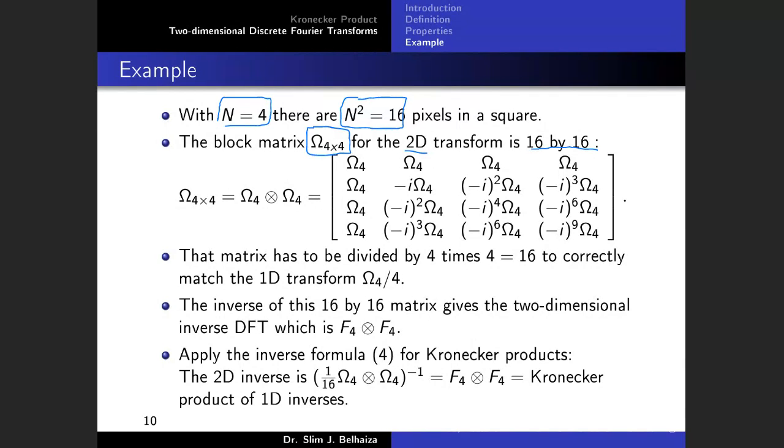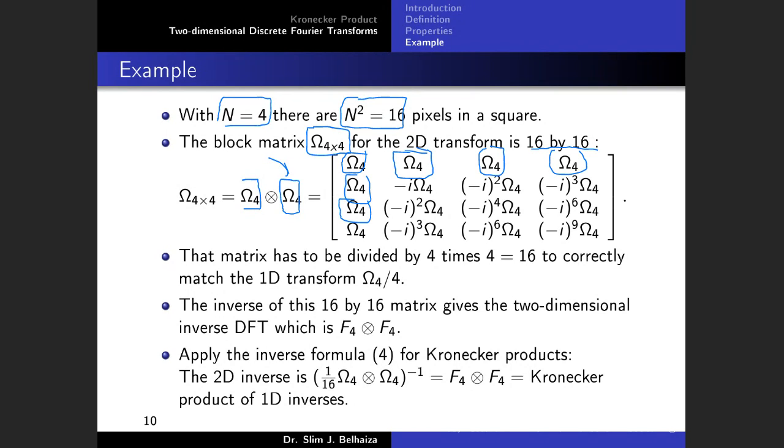So omega 4 by 4 is omega 4 multiplied by the Kronecker product by omega 4. If you apply just the basic rule of the Kronecker product, you get the following matrix. In every first entry of row 1 you have omega 4, and also in the first column.